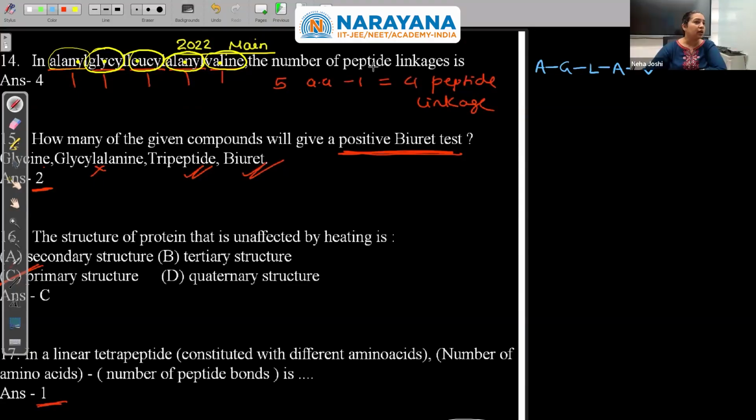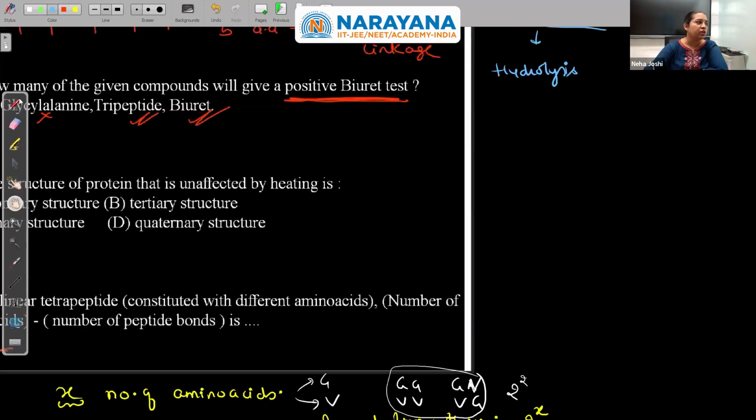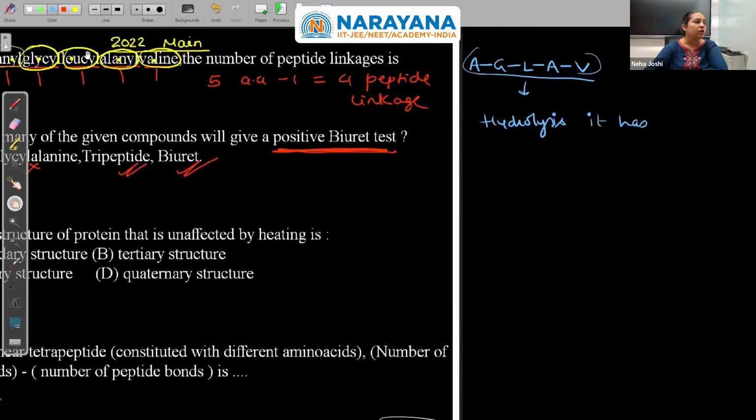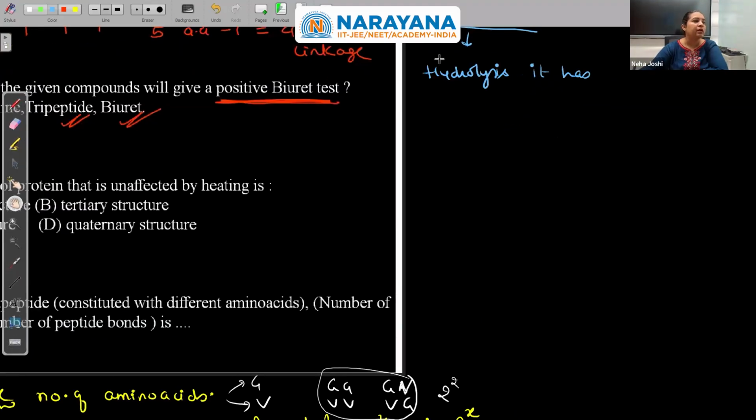Okay, listen, now one more thing here. Sometimes they ask a complex version of this question. All of you listen that they have given this. Now they say there is, this is not there, I am reversing the question. They say that we did hydrolysis of this polypeptide or a protein or whatever they call it, and they say it is a pentapeptide, it has 5 amino acids.